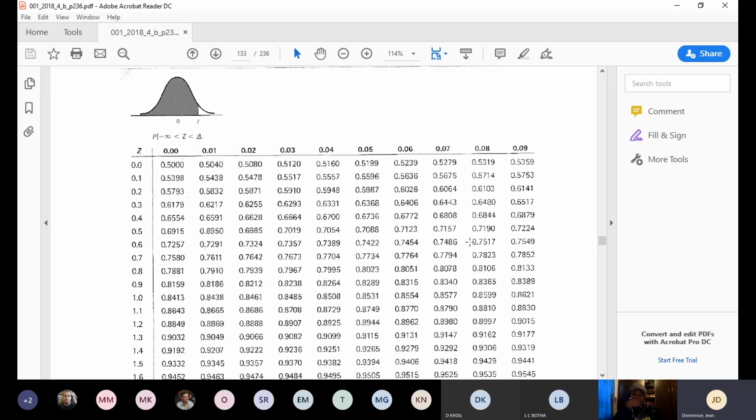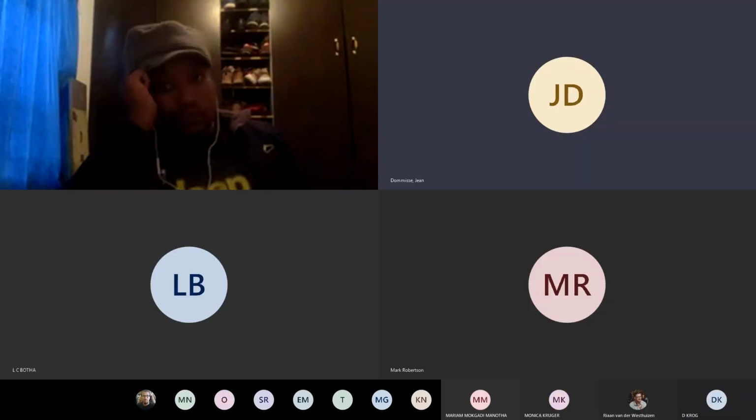So I've got a value of Z that is equal to 0.67, and if we want to be very technical, it lies between 0.07 and 0.08, so let's say 0.675. Here's my Z. But if it is 0.67, I will also not be too worried. So let's go back to the options.